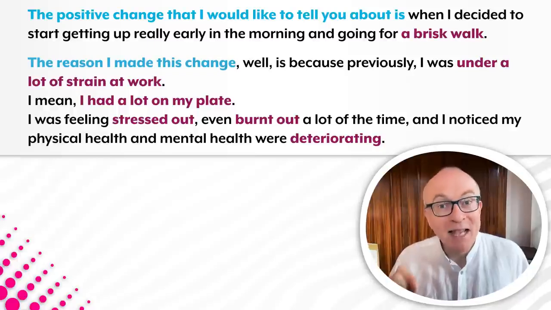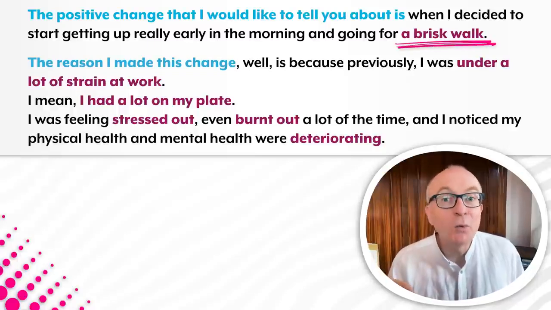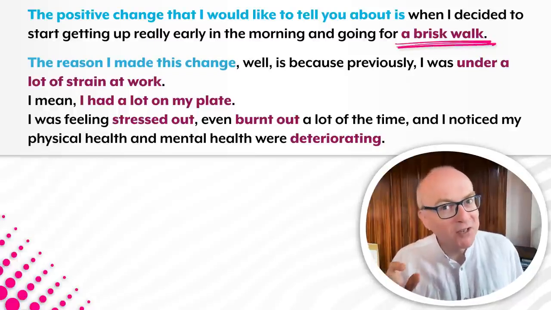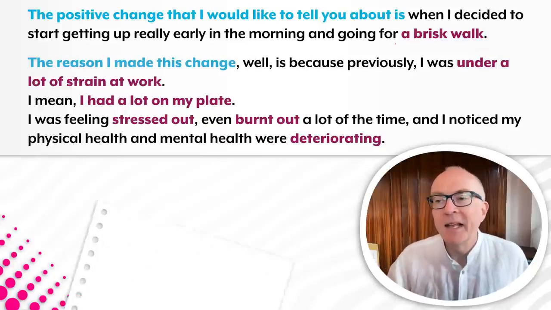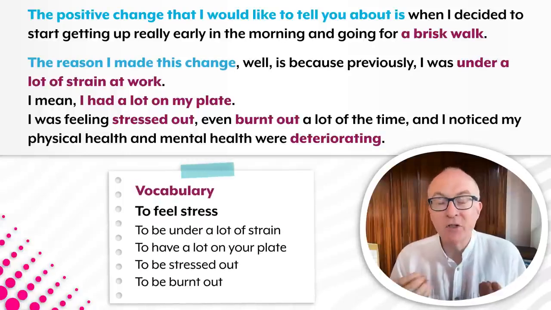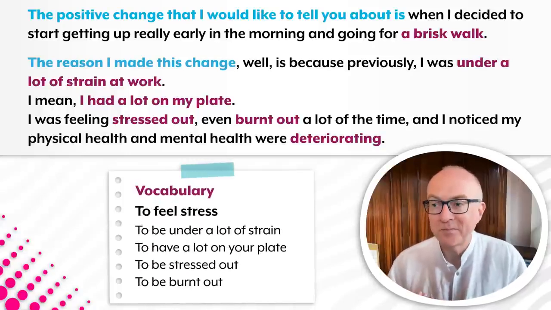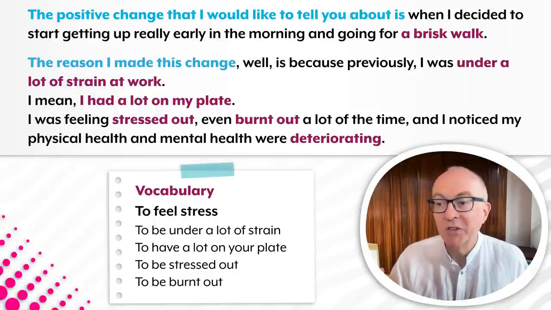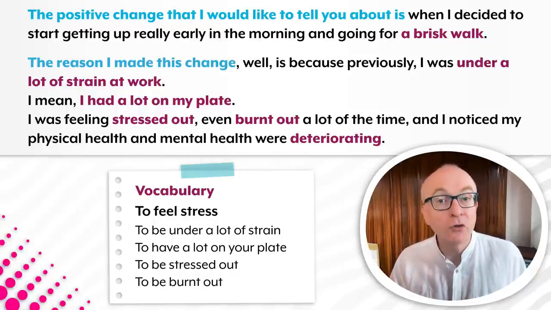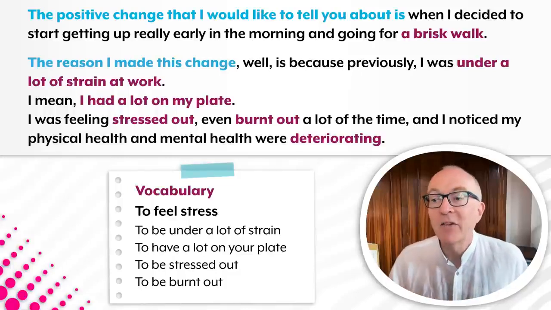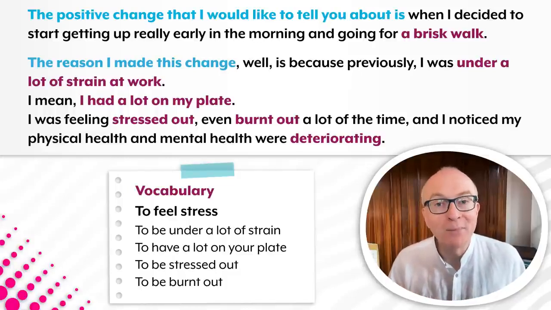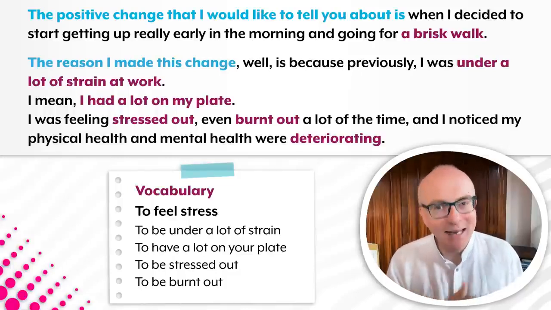Talking about vocabulary, I said a brisk walk, which is a nice collocation, meaning a quick walk. And then lots of phrases meaning to feel stress. I said I was under a lot of strain at work. To feel stress. To have a lot on your plate. I had a lot on my plate.